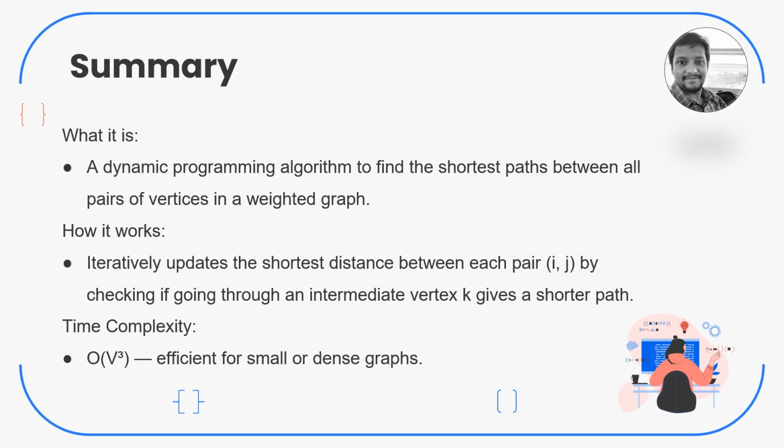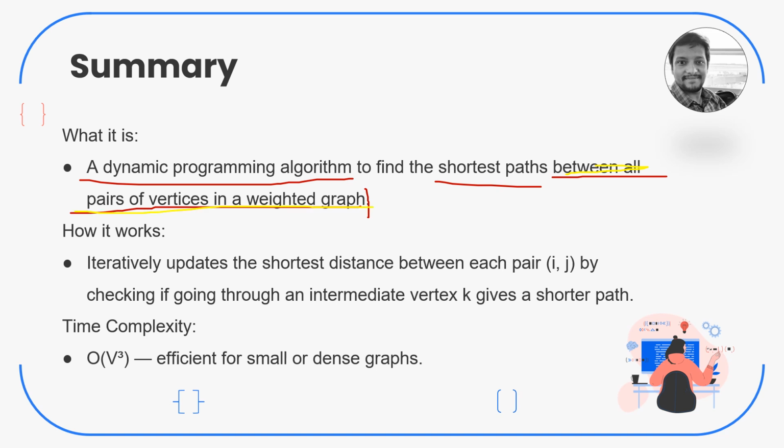So that was about this algorithm. Let's just revise the summary. This algorithm is basically a dynamic programming algorithm. What it does is find the shortest path between all pairs of vertices in a weighted graph.